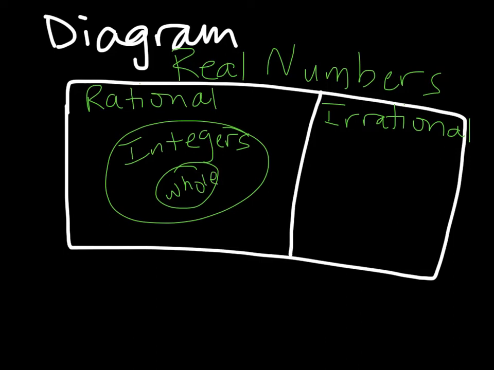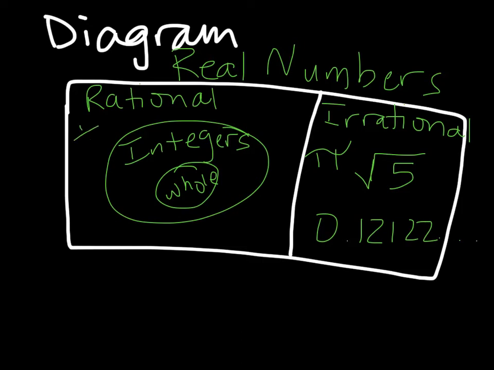So when I think about irrational, I think about numbers like pi. I think about numbers like the square root of 5. I think about numbers like 0.12122, and so on, that has a pattern, but it's not repeating. When I think about rational numbers, I think about numbers like 1/4, 5.